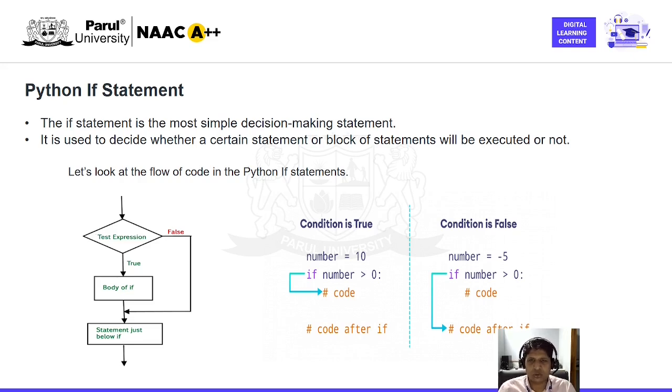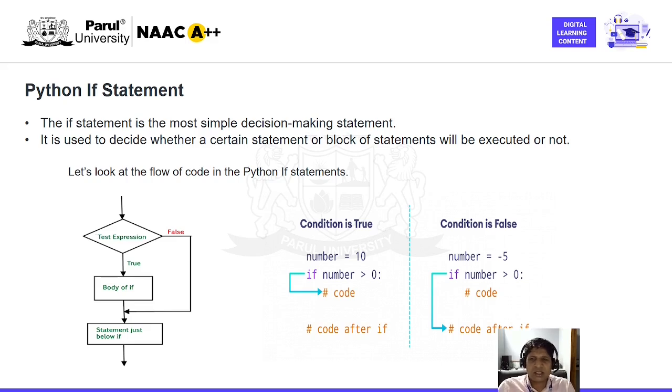body. There are two bodies, one is if body and another is else body. We will discuss it later, but here we discuss if body. If the given condition is true, for example, if you are entering into a tunnel, and if the turn is to the left side, then you move to the left side, you don't move to the right side. So if the test expression is true, then you enter into the body.